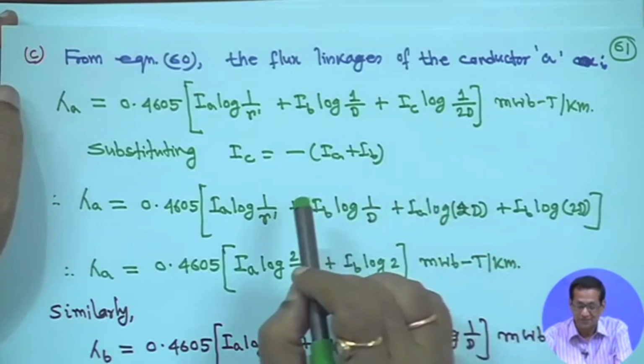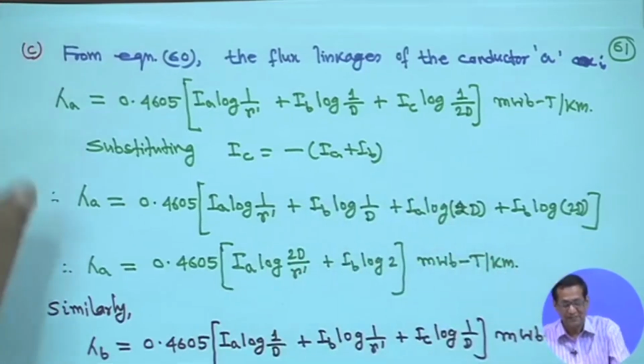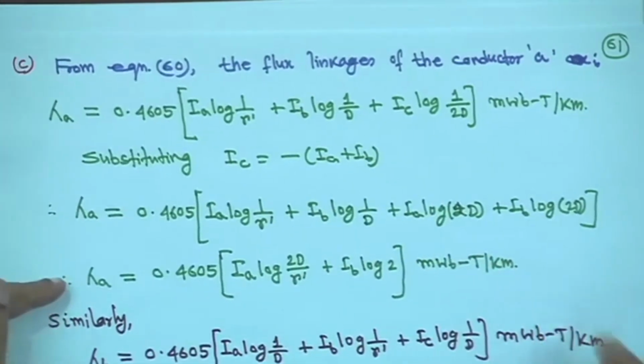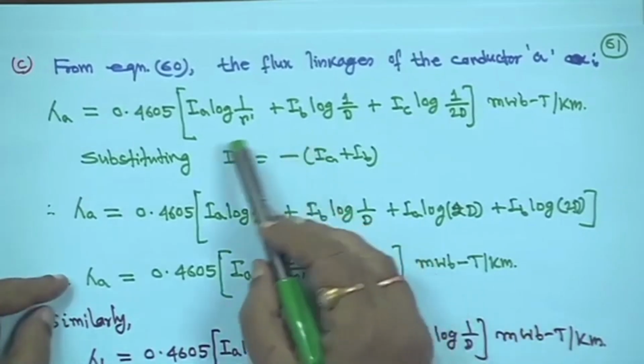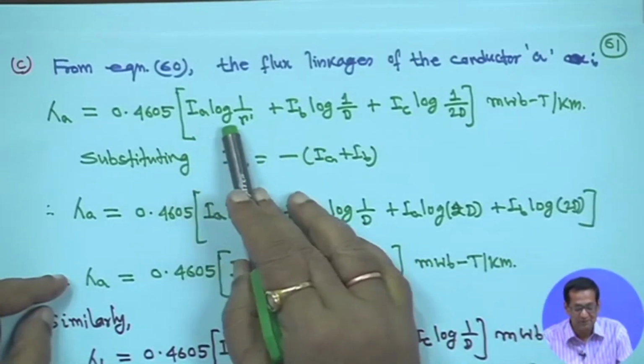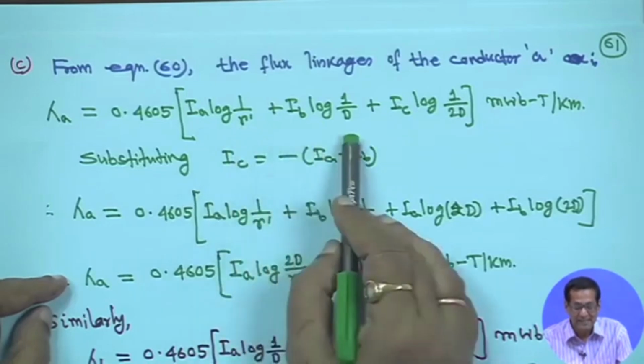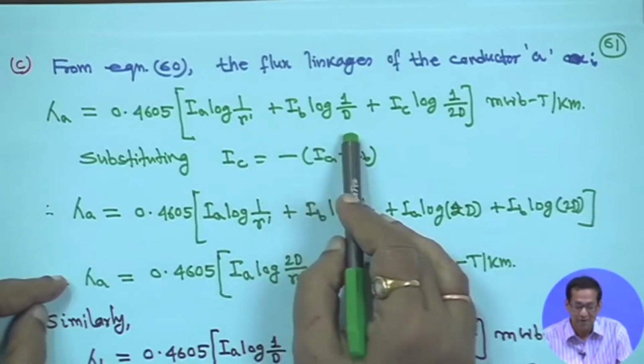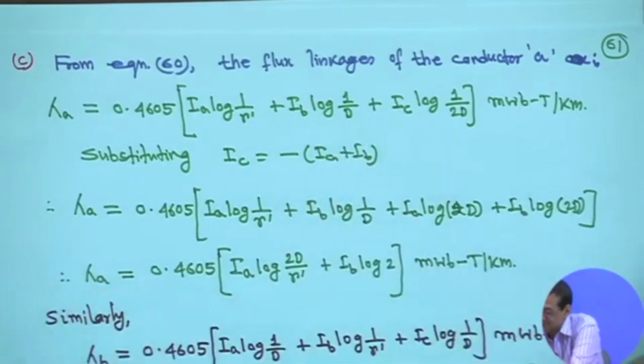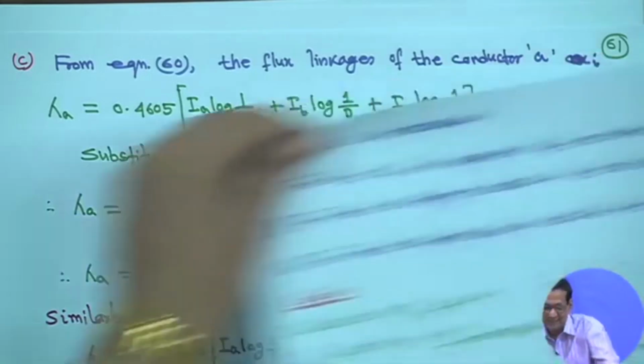So instead of writing directly 2 meter: the first is self, IA log 1 upon r dash, then for IB the A to B distance is d, that is log 1 upon d, then your A to C, just hold on, then your d is 2 meter.